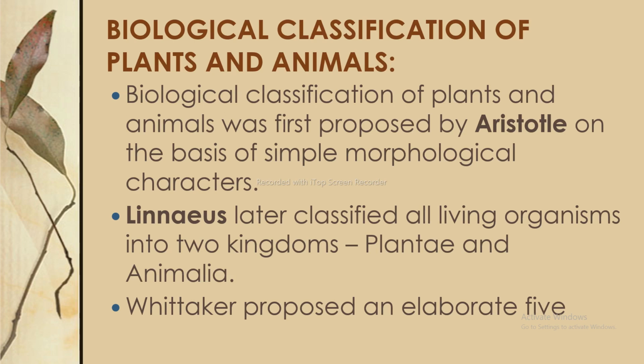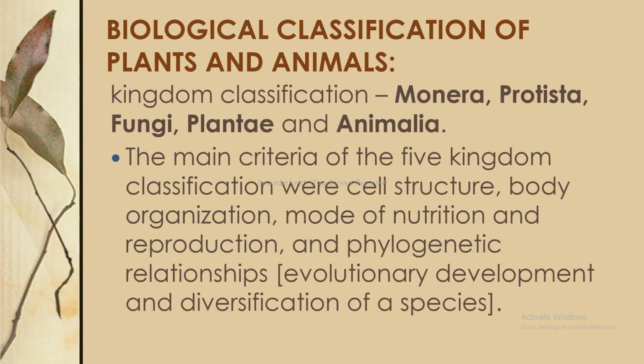Whittaker proposed an elaborate five-kingdom classification which includes Monera, Protista, Fungi, Plantae and Animalia. The main criteria of the five-kingdom classification were cell structure, body organization, mode of nutrition and reproduction, and phylogenetic relationships, that is, evolutionary development and diversification of a species.